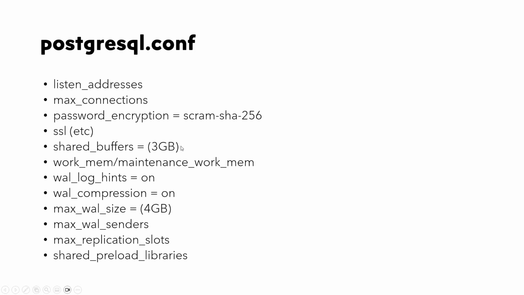But things like shared buffers is the amount of memory that the database is allowed to use for a number of different jobs, including maintenance and queries and cache tables and stuff like that. There are a number of articles you can find if you're interested about how to set that, what to set it to. They might say set it to 75% of your server's RAM, that kind of thing.